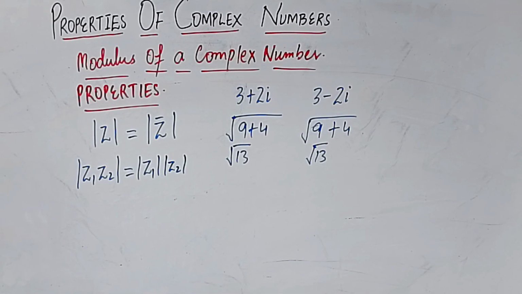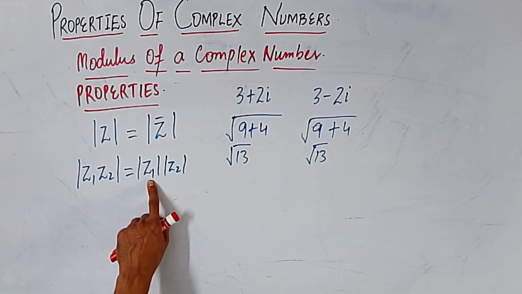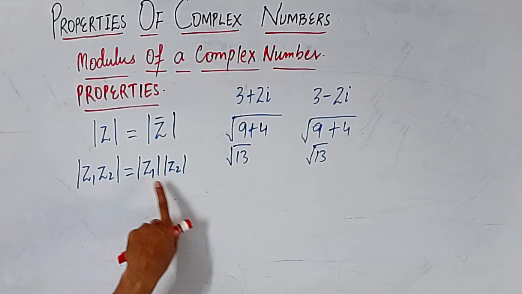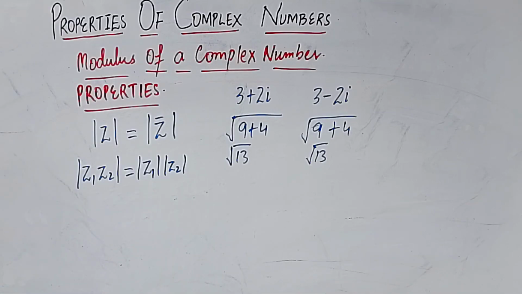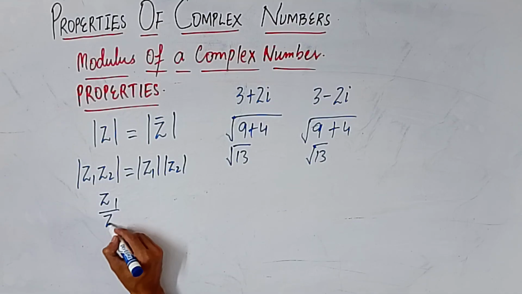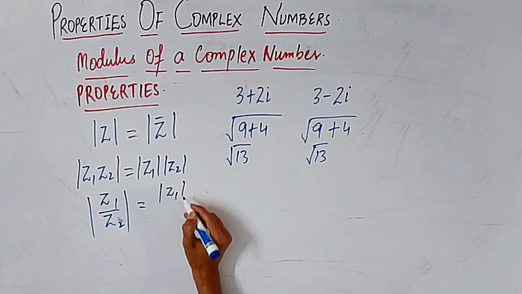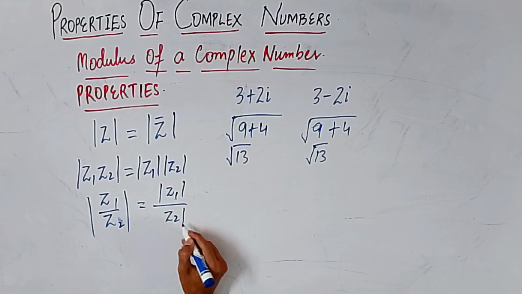So you have two complex numbers, you multiply them and then calculate the modulus, or you first find the modulus of the first complex number and then the second and then multiply, so they will always come equal to each other. And same goes for division. If you have two complex numbers and you are dividing them and then finding the modulus, it will be equal to the division of the individual moduli of these two complex numbers.